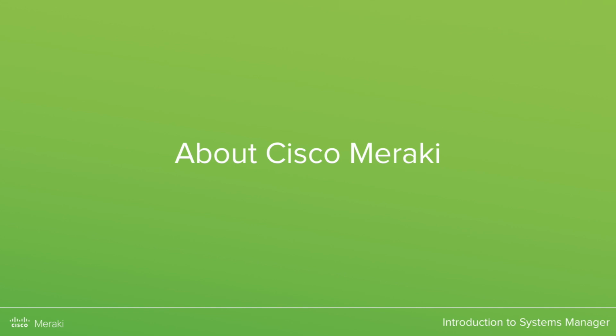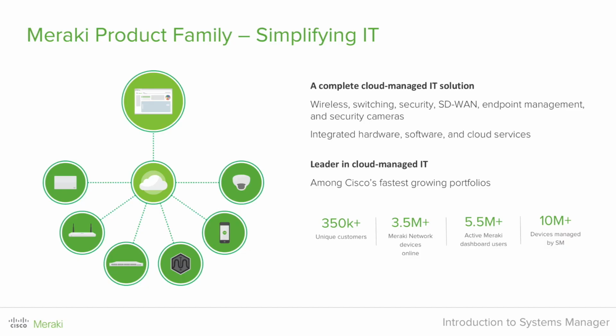A bit about Cisco Meraki to start. For folks who might not be familiar, Cisco acquired Meraki in 2012. Meraki makes up Cisco's cloud networking group. At Cisco, we have 2 basic portfolios for network management. We have our traditional on-premise Cisco Catalyst switching, Aironet wireless, Firepower ASA product line.